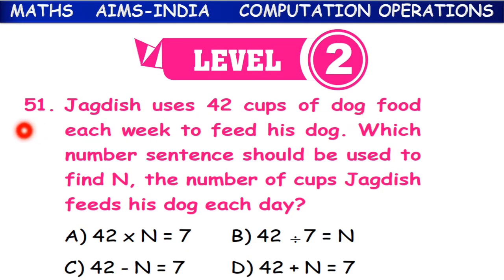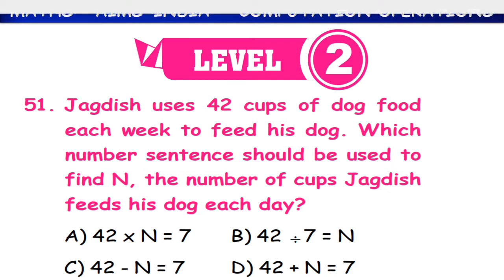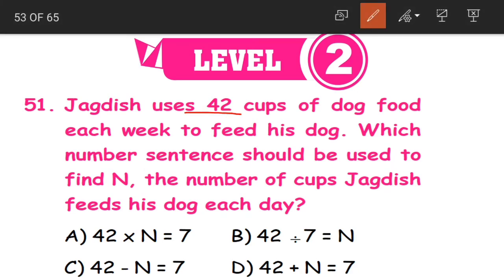Now next, question 51. Jagadish uses 42 cups of dog food each week to feed his dog. Which number sentence should be used to find n, the number of cups Jagadish feeds his dog each day? Now what are they saying? Jagadish uses 42 cups of dog food each week. In a week, he'll use how much?